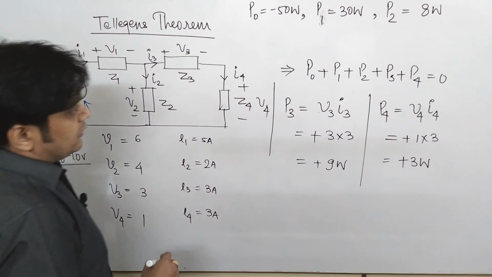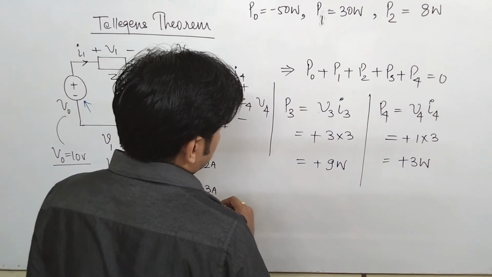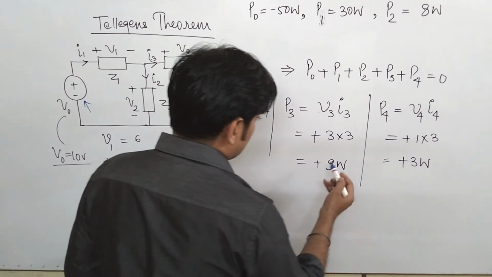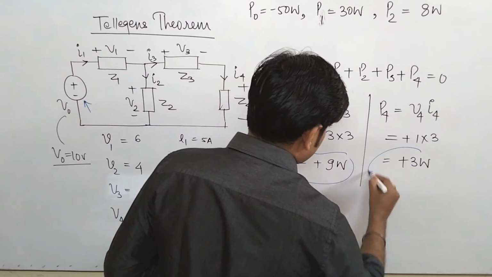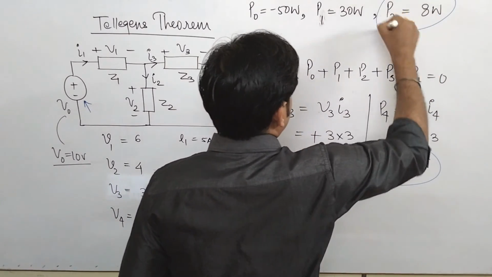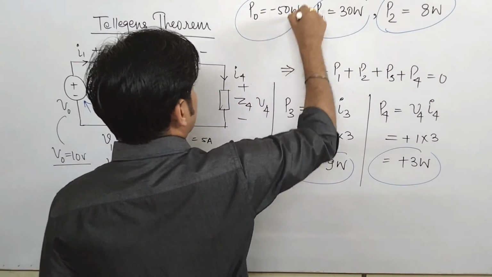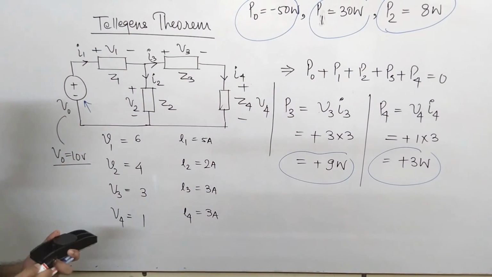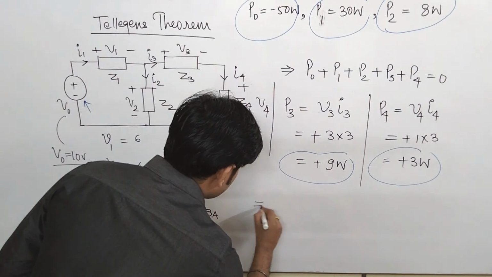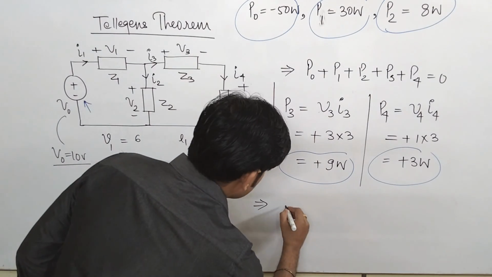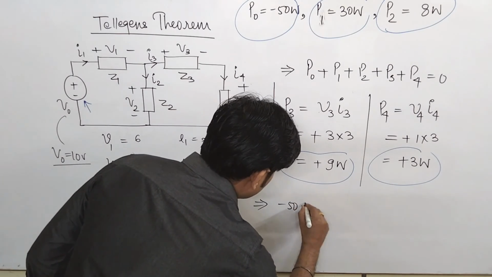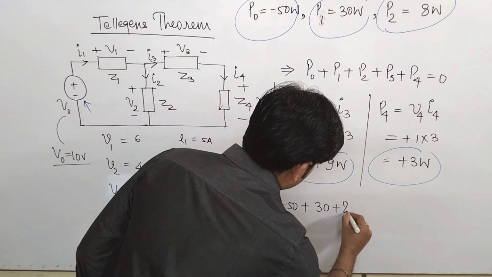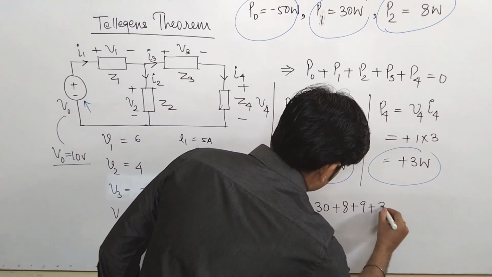If you find the summation of all these powers, this one, this one, this one, this one, and this one, what will be the answer? P0 is minus 50 watt plus P1 is 30 plus 8 plus 9 plus 3.